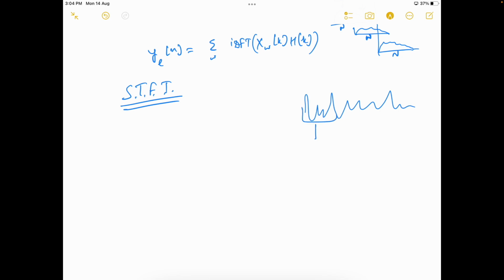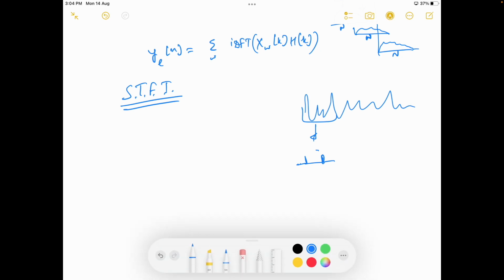So take a small window, find the spectrum. Let's say it's a cos. So you will get 2 peaks, right? Or let me take half the spectrum only, so I will get only 1 peak because the other half I'm not drawing. So I got 1 peak.